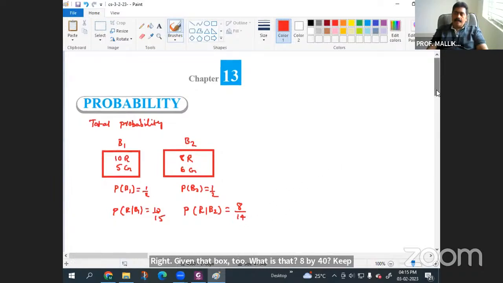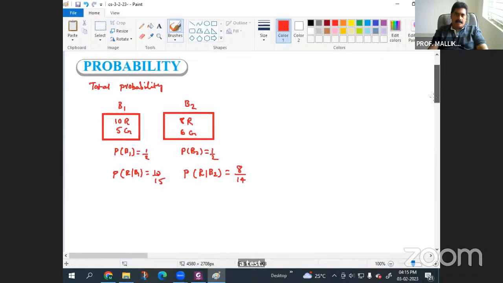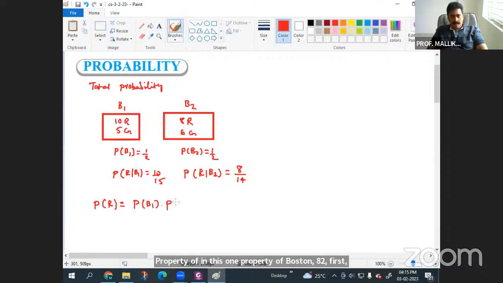Now it is asking what is the probability of drawing a red ball. Probability of red ball: probability of box 1 into probability of red given box 1, or probability of the second box into probability of red given box 2.